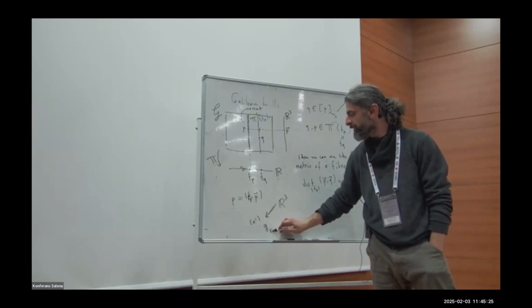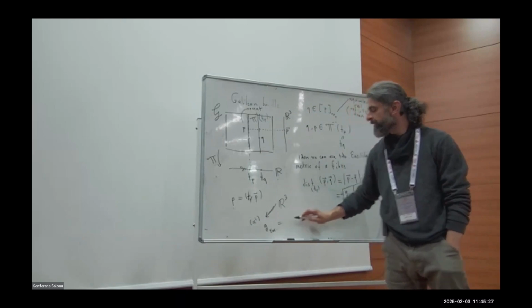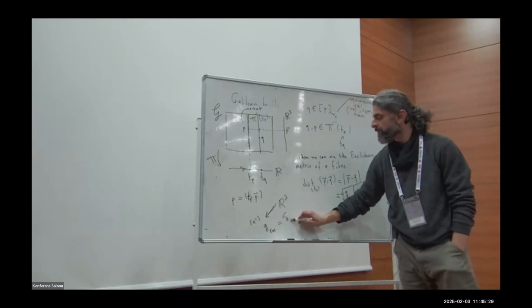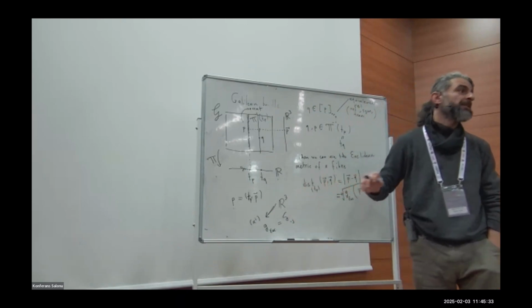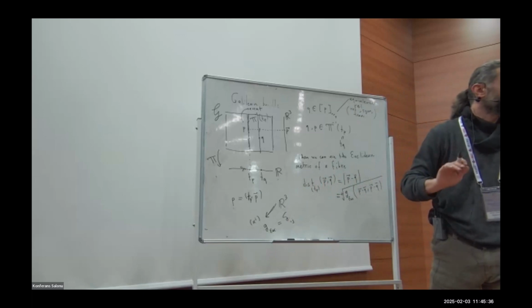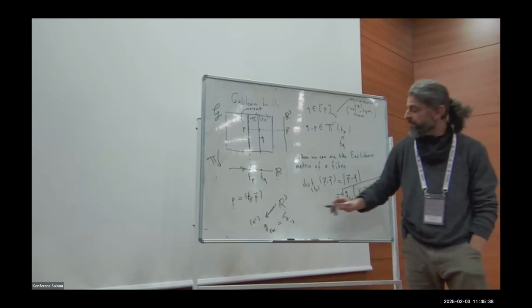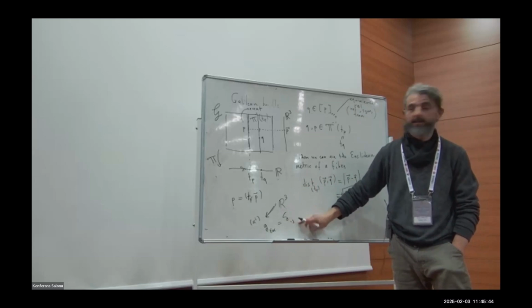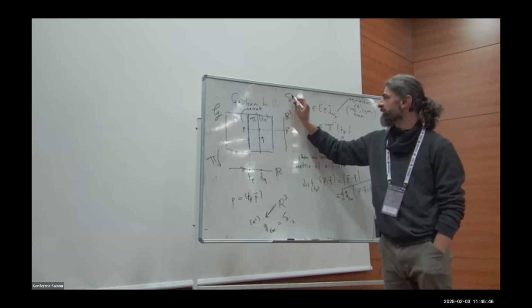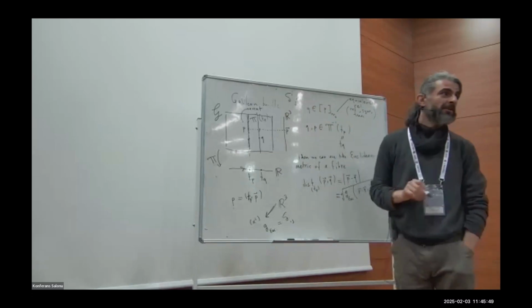So this Euclidean metric will be denoted by this delta, but this is not the Kronecker delta. It's different because the Kronecker delta contains one contravariant index and one covariant index. This is the Kronecker symbol.